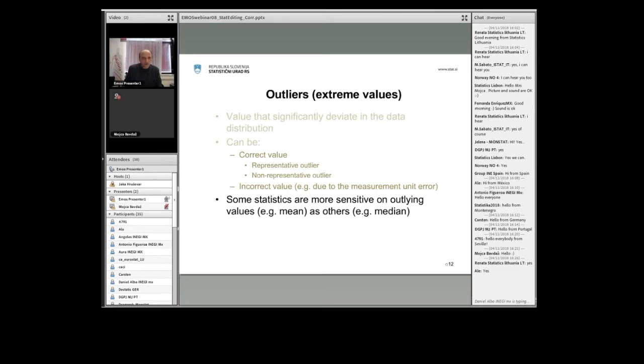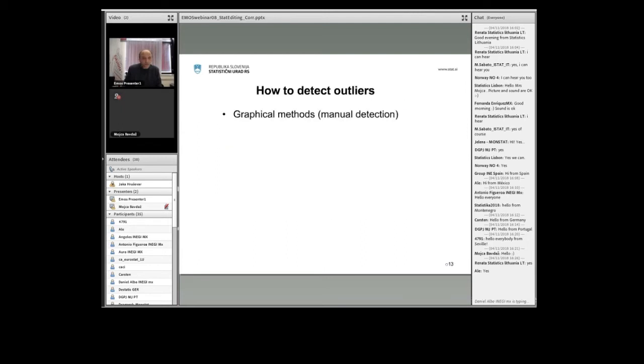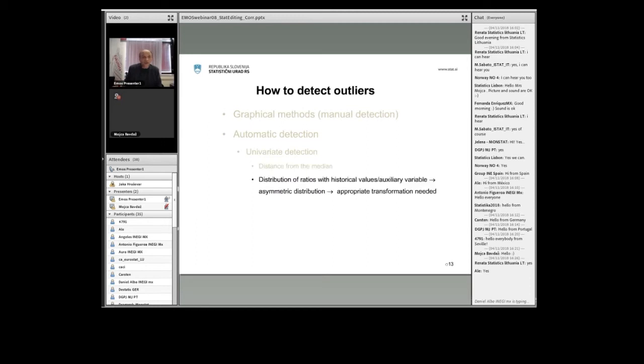Perhaps just to mention that some statistics are more sensitive to outlying values, like means, than others like medians that are more robust. One way to detect outliers is graphical methods. I already mentioned this. The other is automatic detection, where you use formulas. You can use formulas for univariate detection, so you are just looking at one variable at a time, or you can do it for the multivariate distribution.